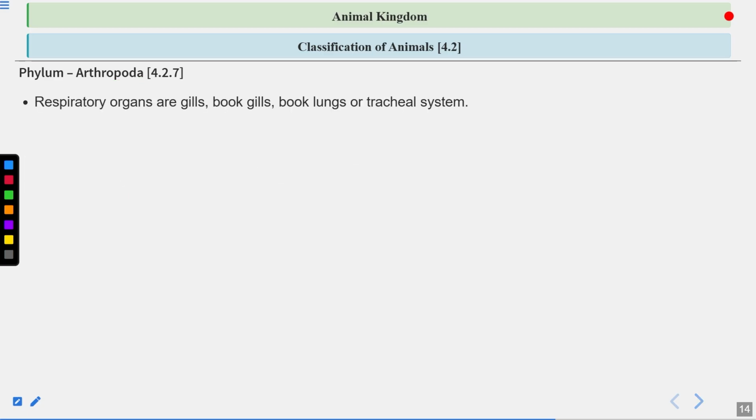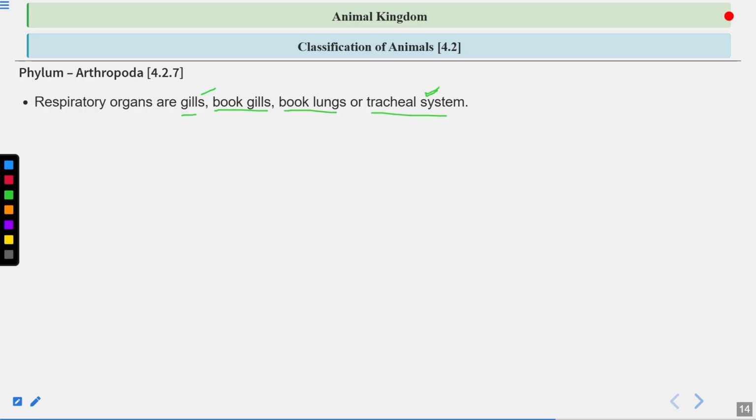Respiratory organs are gills. Now, every organism is not aquatic. Some live in the aquatic environment, but some live on the land. So they have gills, book lungs, or a tracheal system. You must have studied the tracheal system in your lower classes also.